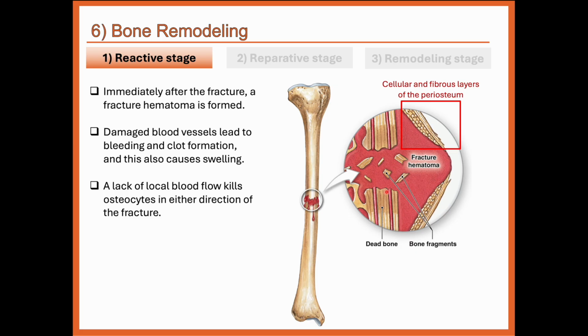They form this bleeding, this internal bleeding. Damaged blood vessels lead to bleeding, and we know that clots could form, right? So there's this clot forming, and it swells the bone up. A lack of blood flow kills osteocytes in either direction of the fracture. So here there's dead bone because the blood vessels broke.